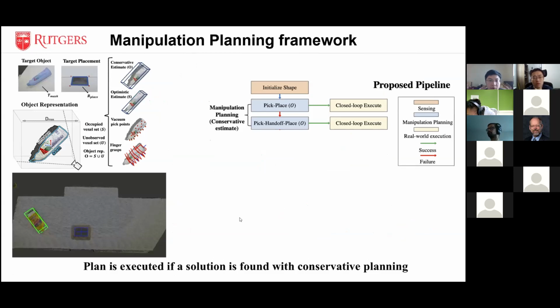Here is the overall manipulation planning framework. First, we check if the manipulation can already be achieved by reasoning over the conservative estimate. If a solution can already be found, then we directly execute this plan without any further update.